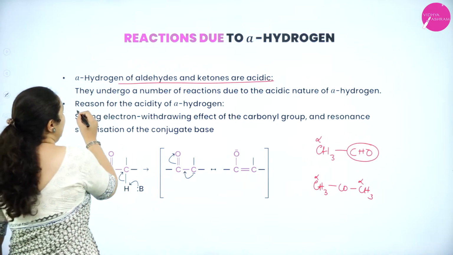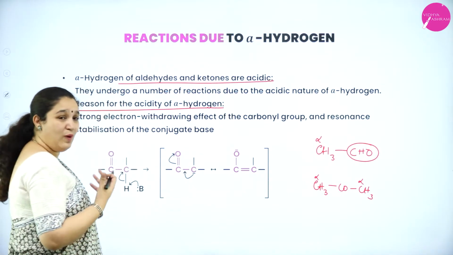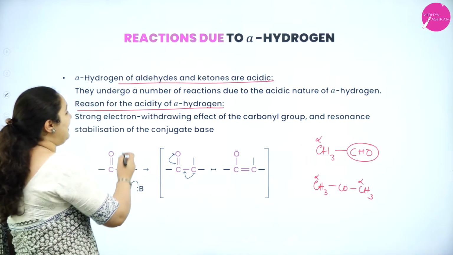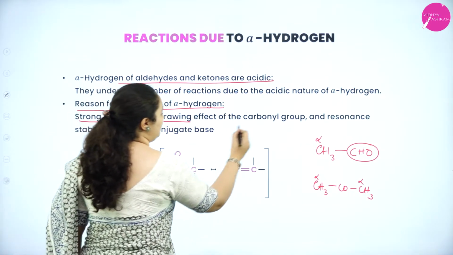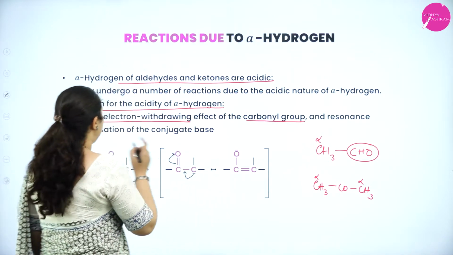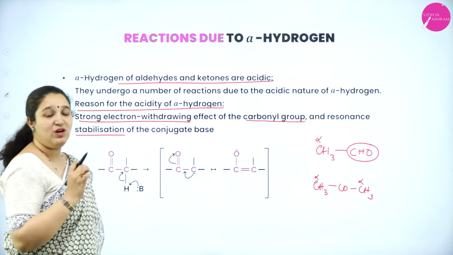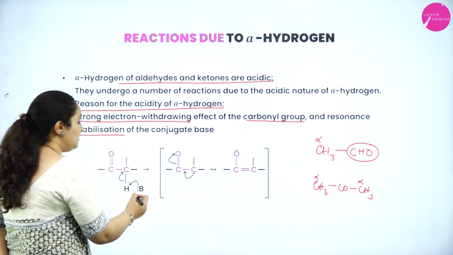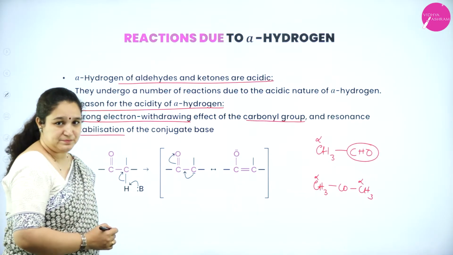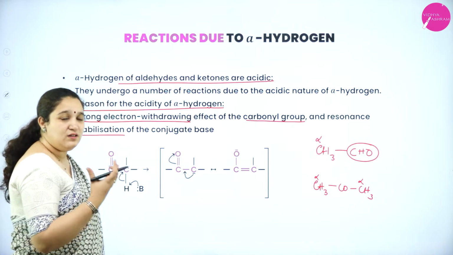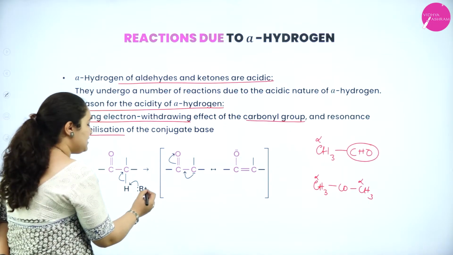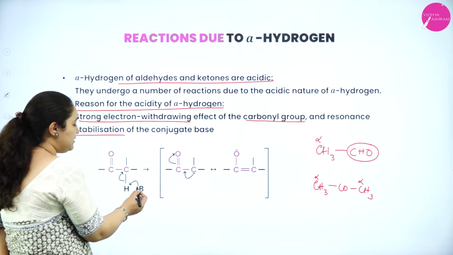Reason for acidity of alpha hydrogen. Why exactly they are acidic? That is because of the strong electron withdrawing effect of the carbonyl group and the resonance stabilization of the conjugate base. Now what happens is, for example, there is a nucleophile which is attacking, which is there in the reactant mixture. So if this is the nucleophile, what happens?